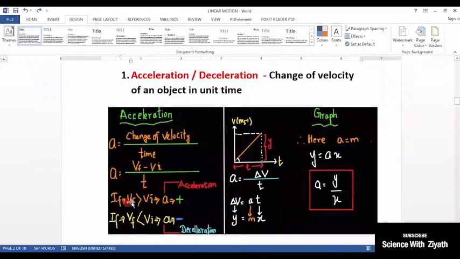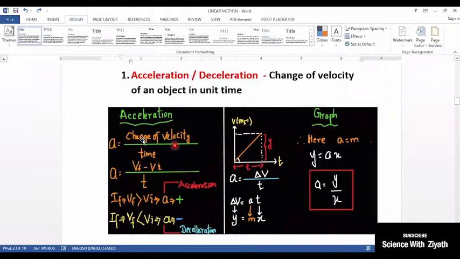If the final velocity is greater than the initial velocity, that would be acceleration, which means if the change of velocity is positive, then acceleration would be positive.